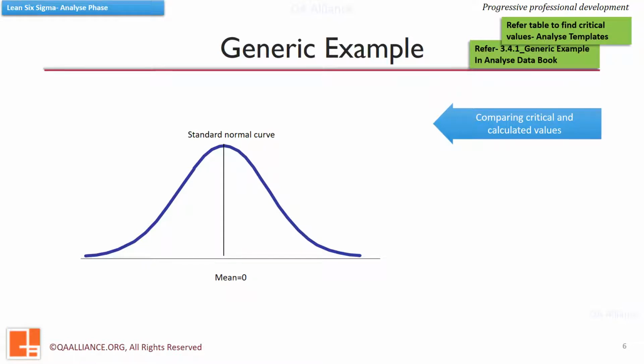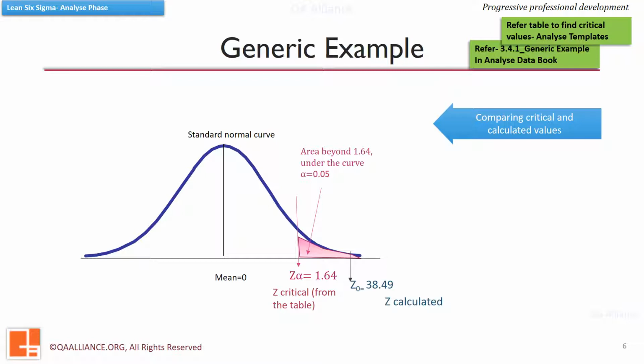So in the probability table that we just discussed we find the value of 0.05 and the corresponding z value. It comes out to be 1.64. We plot this z critical value here. So we know that beyond this point, the area is 0.05, the chosen level of significance, thus the rejection region for this test.